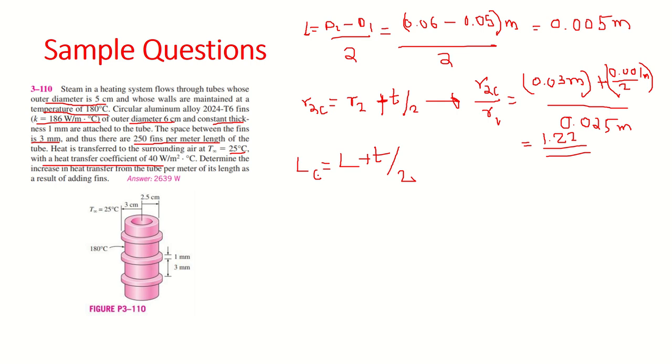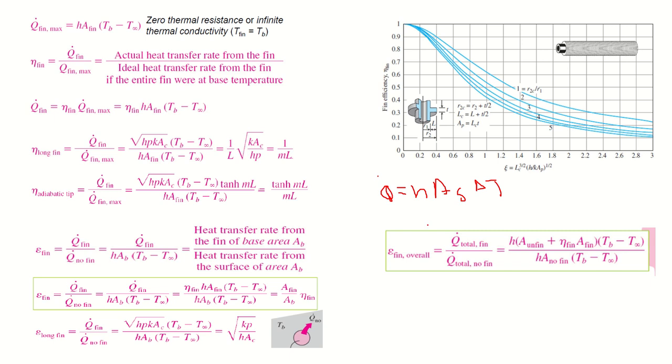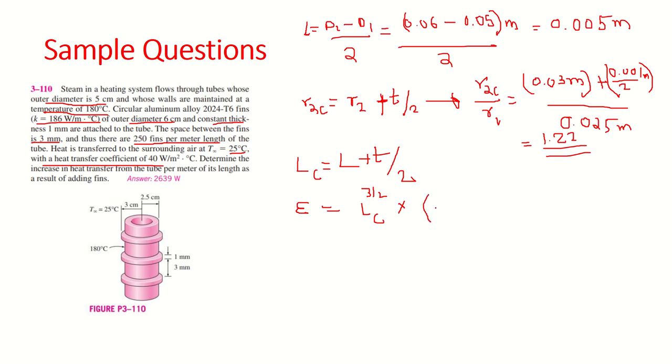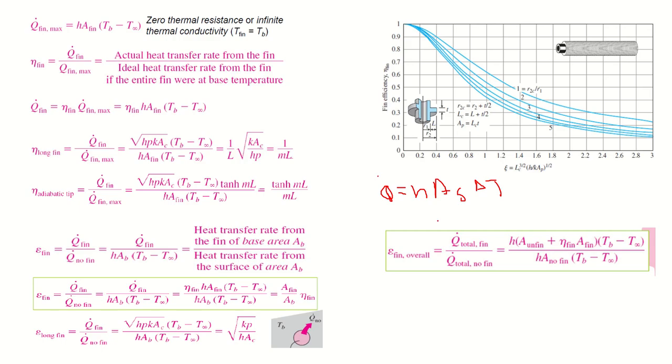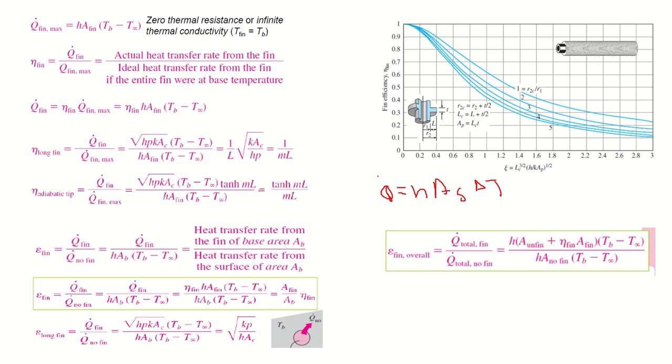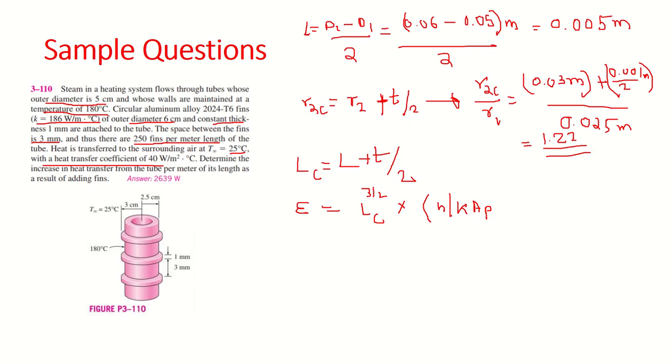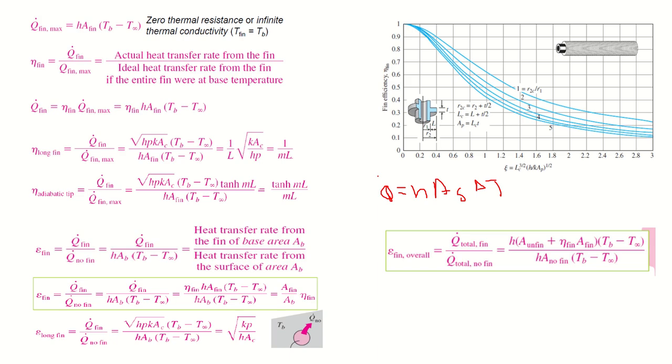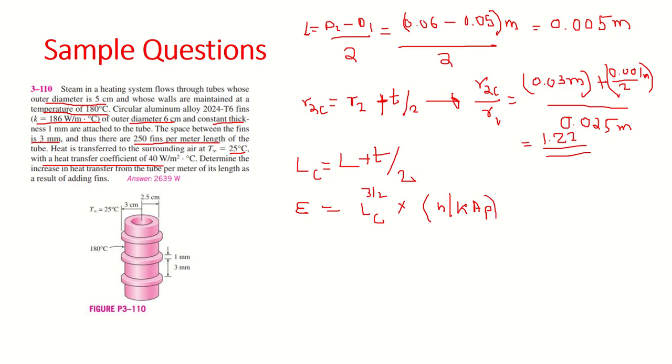With this LC value, I'll write the formula: LC to the power 3 by 2 multiplied by h divided by k over AP, to the power 1 by 2.